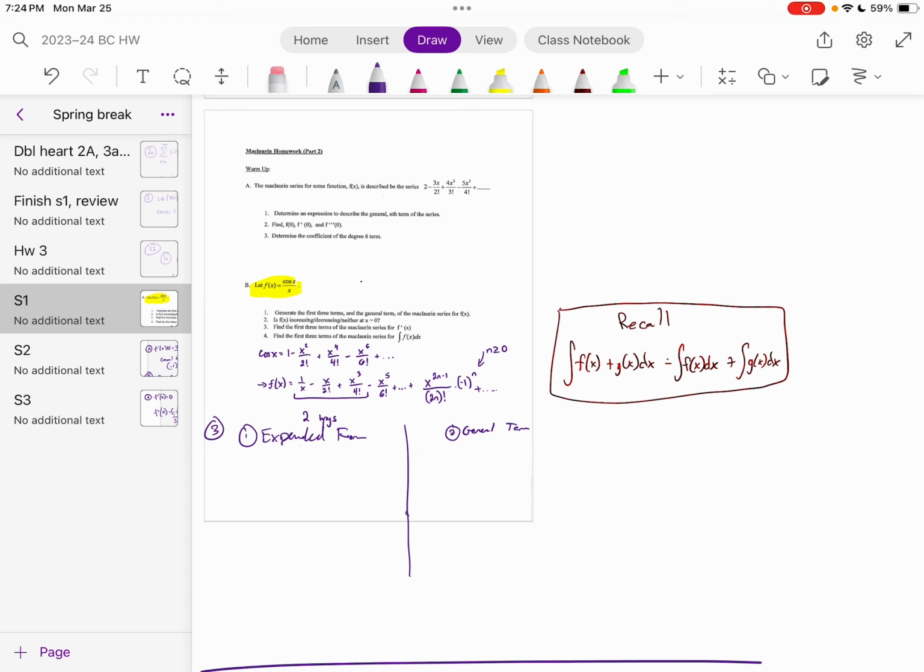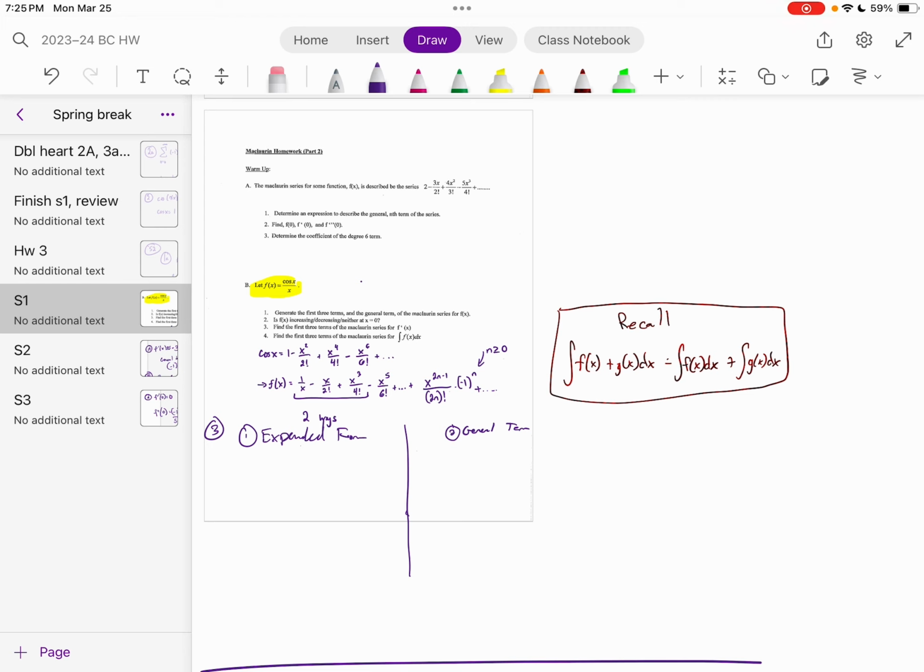But today we're going to start talking about how to take the derivative and the integral of a Maclaurin series, and that will enable us to do a lot of interesting things, building on the first half of the year, such as maybe we want to know if one of these functions that can be described by a series has a local min or local max at a specific point, or maybe if it can satisfy a differential equation. I think you'll see both of those maybe later today on your homework from the screencast.